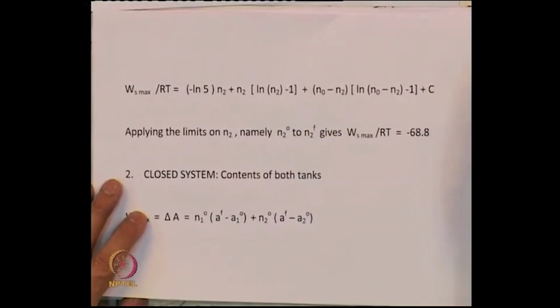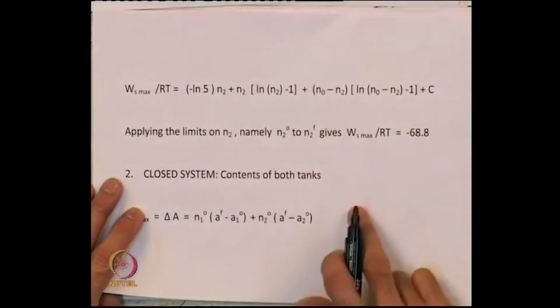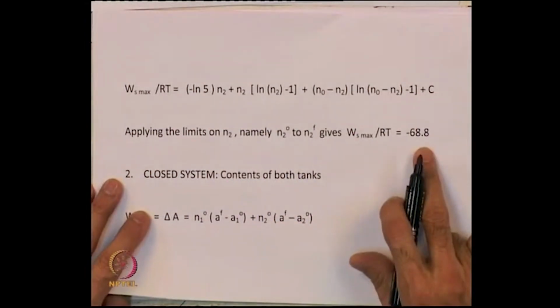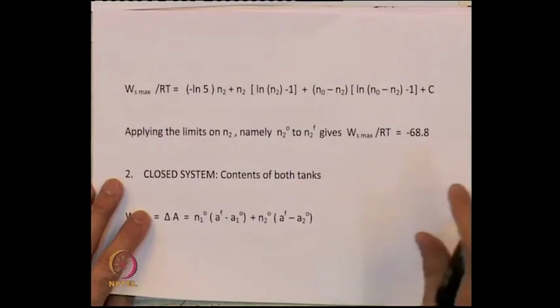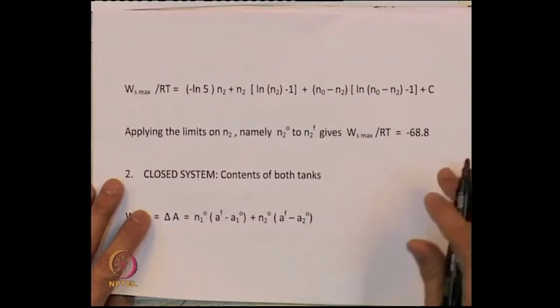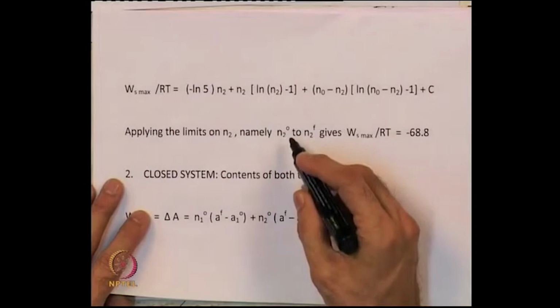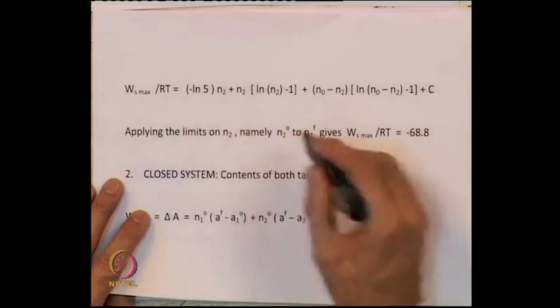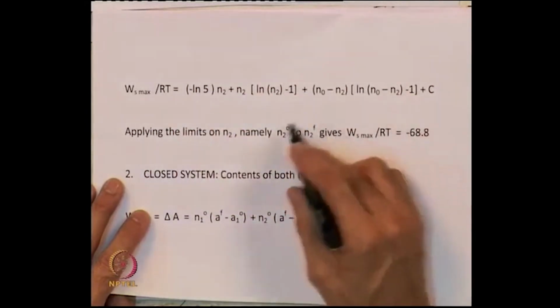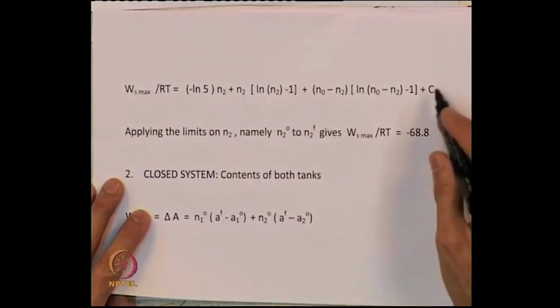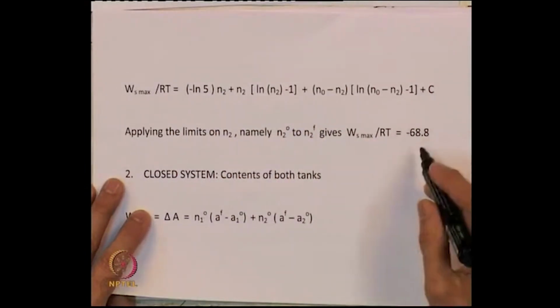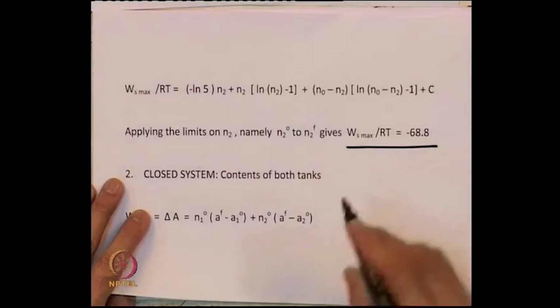Initially N2 is N20, finally N2 is N2f, and if you substitute these values in here, you get Ws max by RT is minus 68.8, it is a dimensionless number. So, you just have to substitute this number at N2f and subtract the value at N20 and the C will cancel out. So, this is the final result that you get.